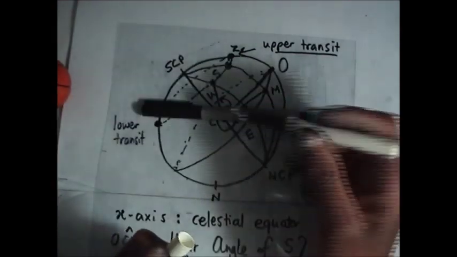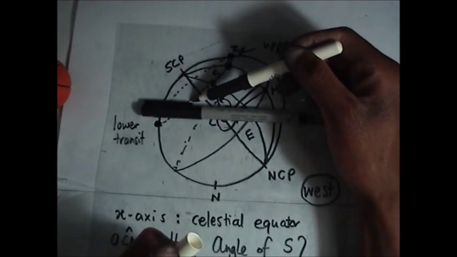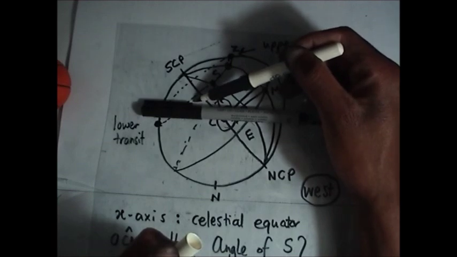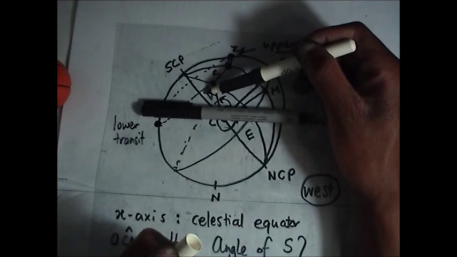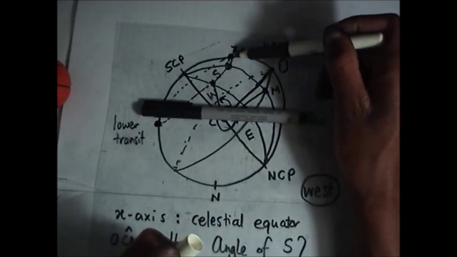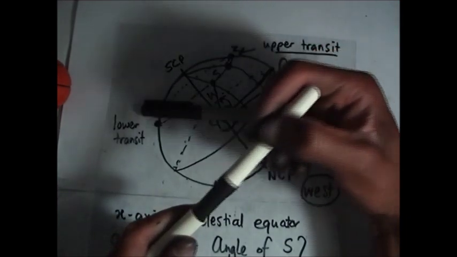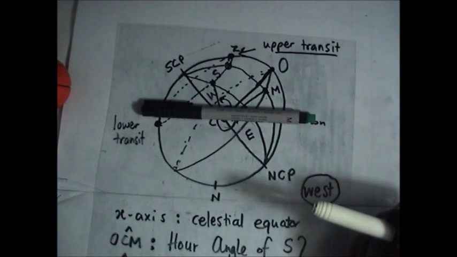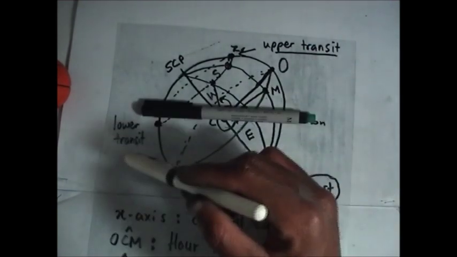And then when it comes to this part here, it's at our horizon, and we say the sun is now rising, because it's gaining height above our horizon. So we can see it more and more until it reaches upper transit, crossing our celestial meridian at its maximum height, and then it sets again. So that is another point where we have upper transit and lower transit.